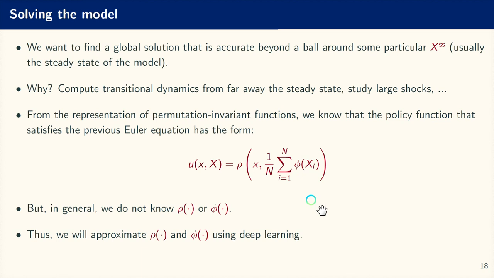The problem, of course, is that in general we don't know rho and we don't know phi. Not knowing phi also means that we don't know L, the latent variable. But this is precisely the type of situation where deep learning helps, because deep learning does a great job in approximating functions rho and phi that we don't know.